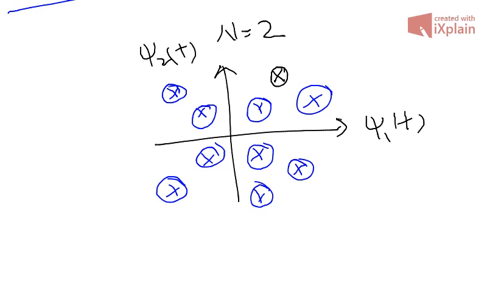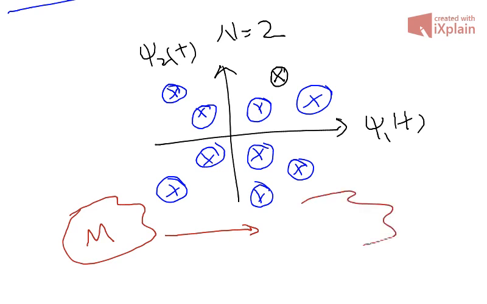So this is the whole theory, the whole concept of the Gram-Schmidt procedure. What we achieve by applying it is that, from the M non-orthogonal waveforms, we constructed another set of N orthonormal signals.